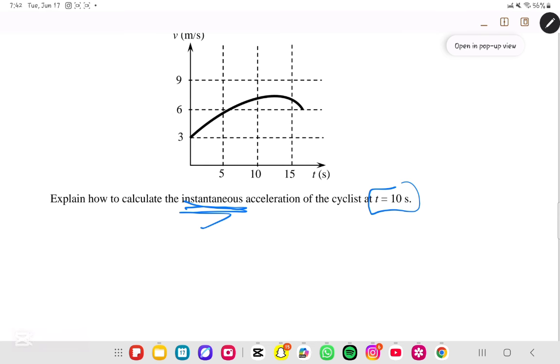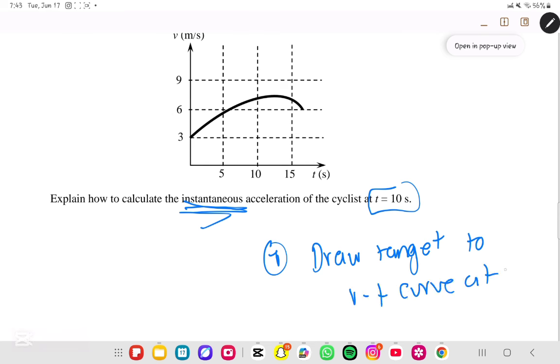So very simply, the first thing we're gonna do is draw a tangent to the velocity time curve, the VT curve, at 10 seconds.